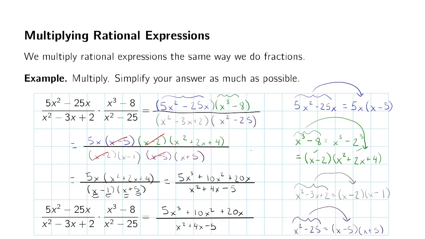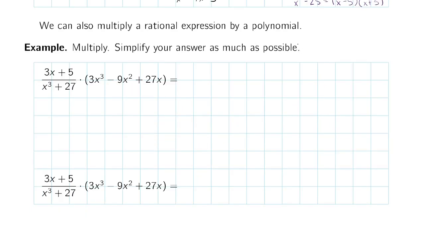Just like with numbers, instead of multiplying two obvious rational expressions, we can multiply a rational expression by a polynomial. In this example, we have 3x plus 5 over x cubed plus 27 multiplied by the polynomial 3x to the third minus 9x squared plus 27x.